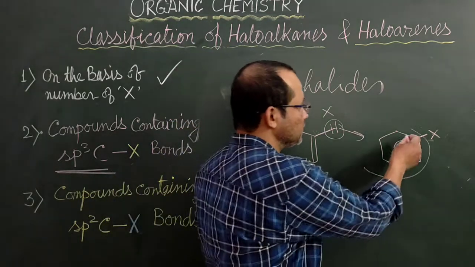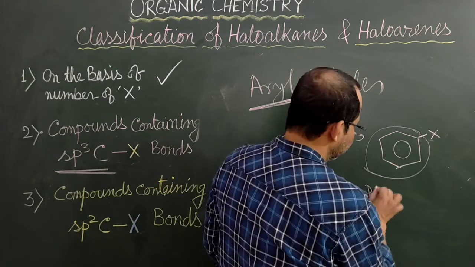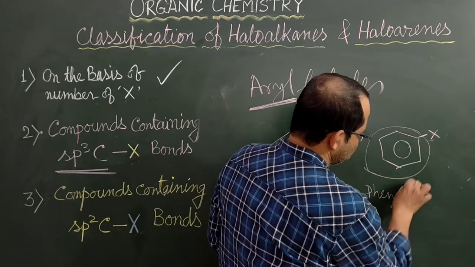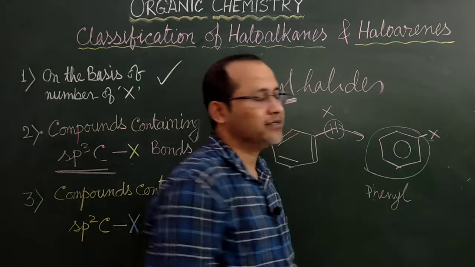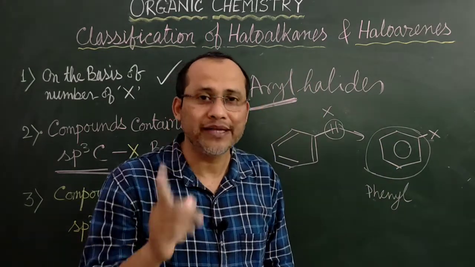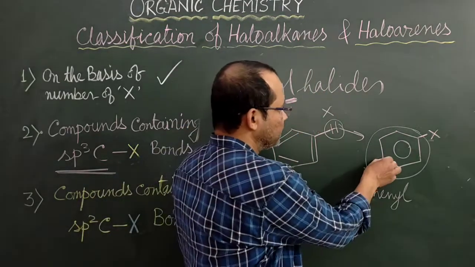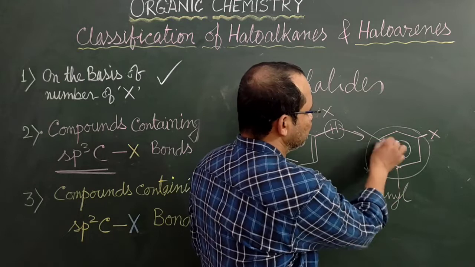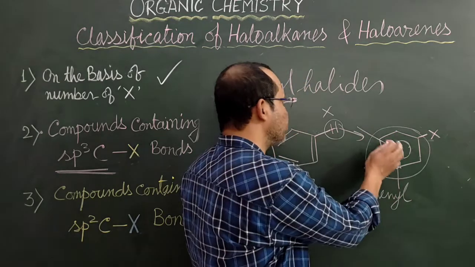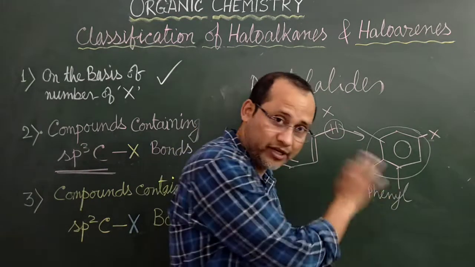Okay, now in this you just know one thing, this group is also known as phenyl. So phenyl halide is one of the so many examples of aryl halides. Okay, if you write down here something, here something, here something, then also it will remain aryl halide, but then it will not be phenyl.